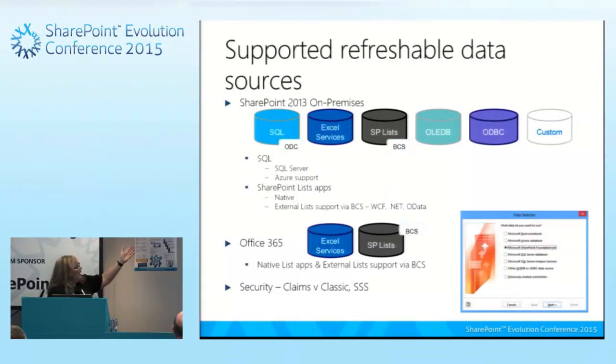Okay, so the wizard will automatically lead you through if you're any of these standard ones, SQL, Excel, so you can get data from an Excel spreadsheet that is being displayed by Excel services. So you can get that. You can get it from a SharePoint list. You can use OLEDB to connect up to many different formats of databases. And then you can also create your own custom ones.